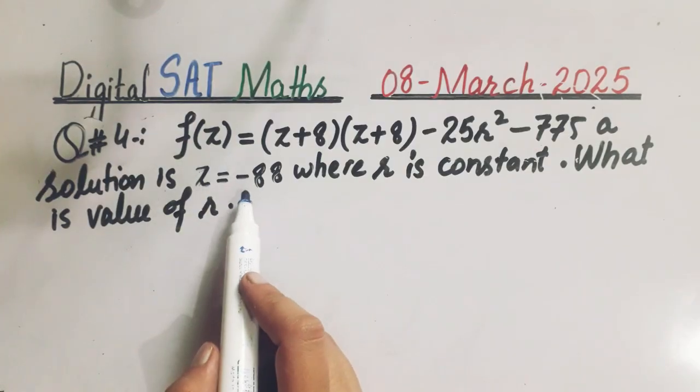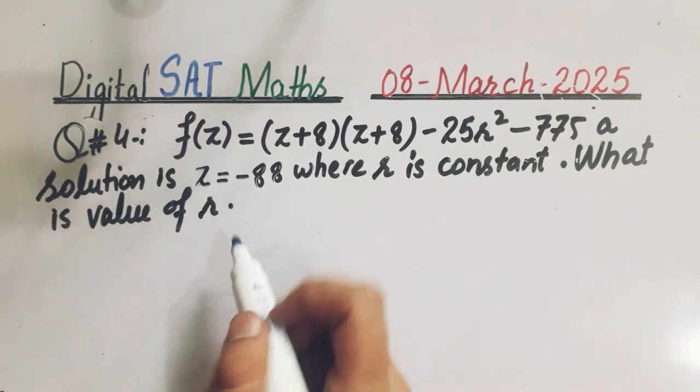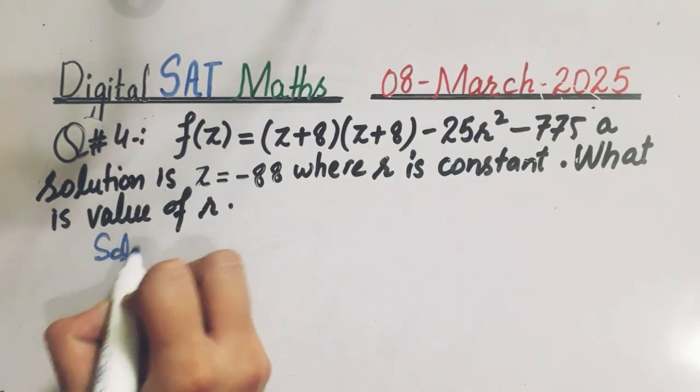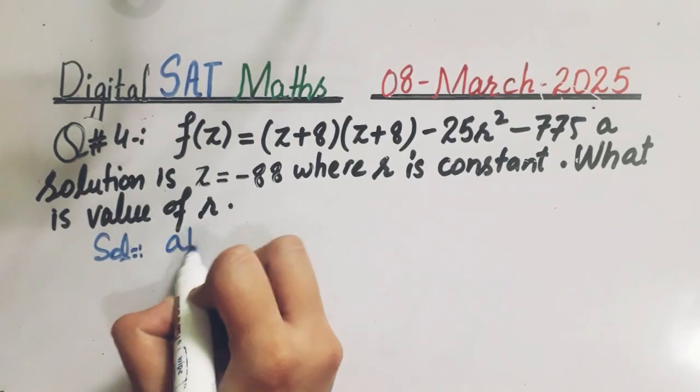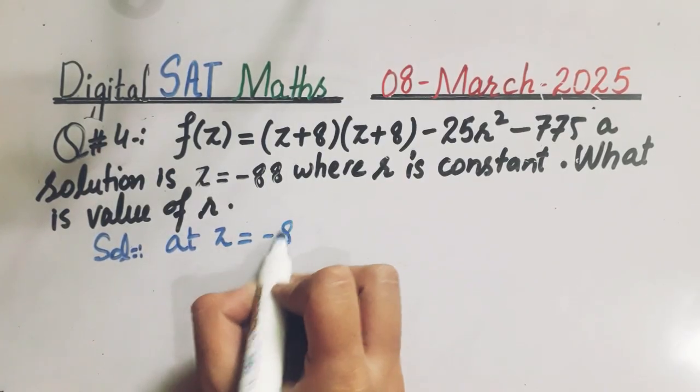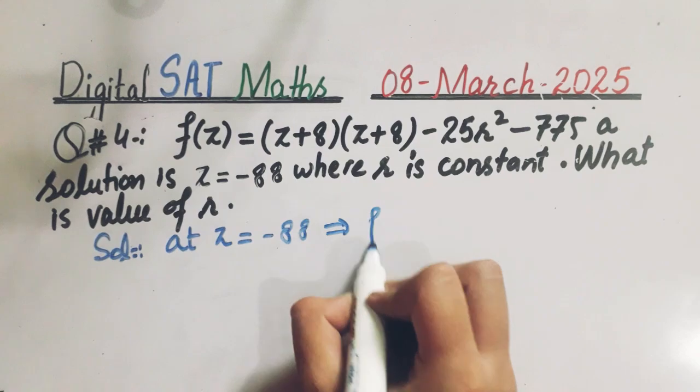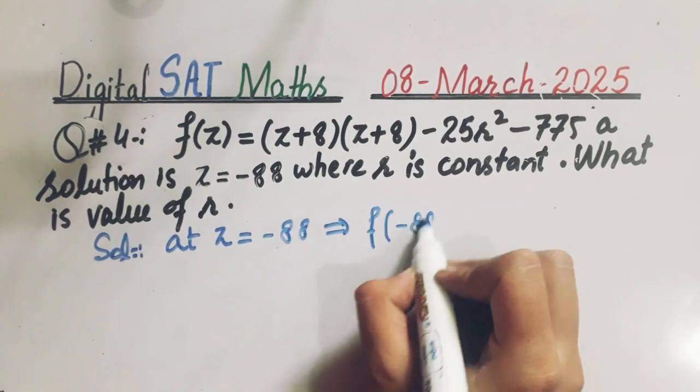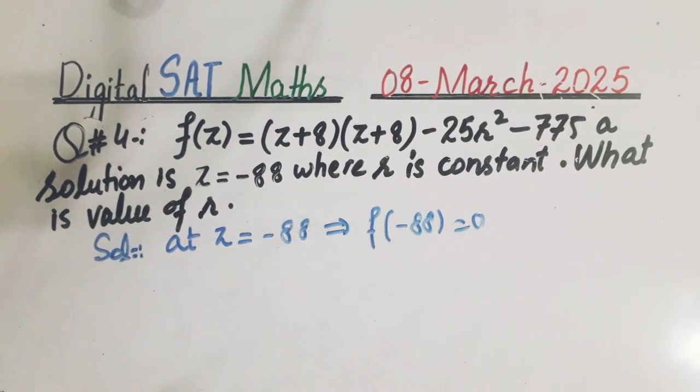So this is the solution. It means f of z will be equal to 0. We will write this as at z equals minus 88 implies f of minus 88 equals 0, because this is given condition that this is the solution.